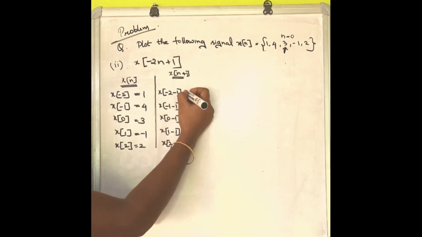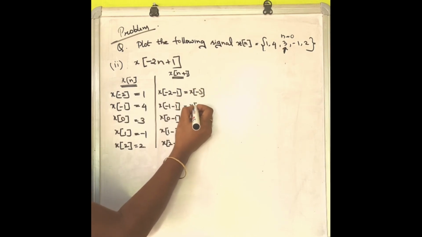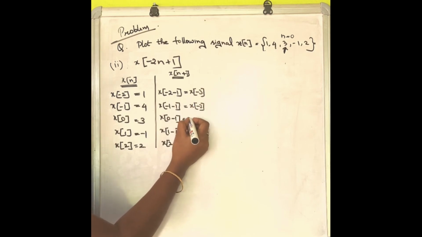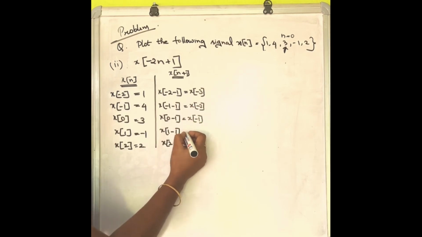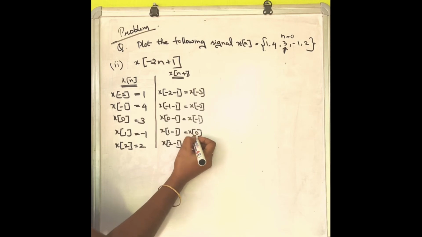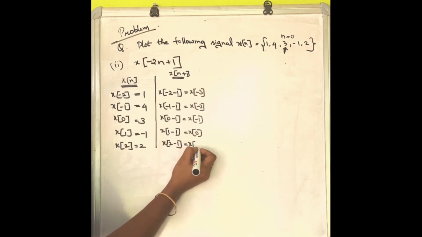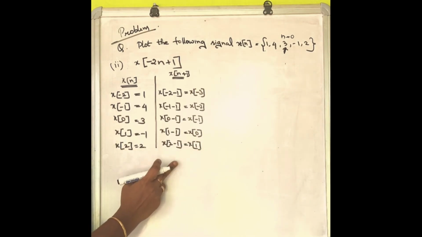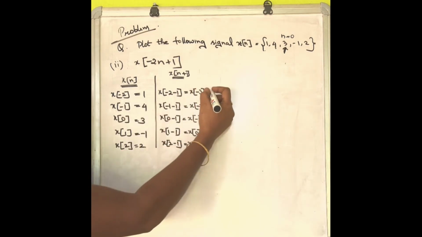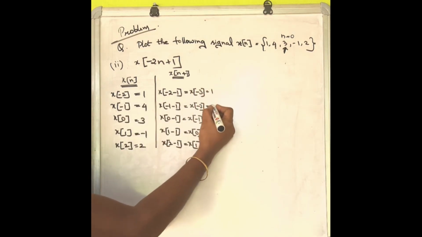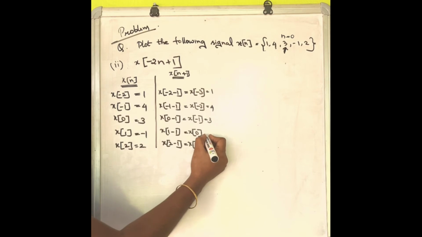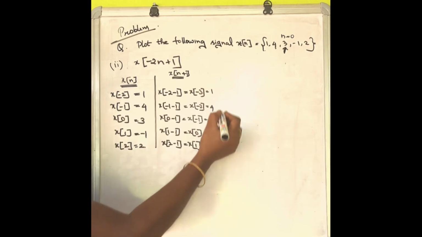So now your new value becomes x of minus 3, x of minus 2, x of minus 1, x of 0, x of 1. So it has been shifted towards left. An advance shift takes place. The amplitude does not change. So it is the same.